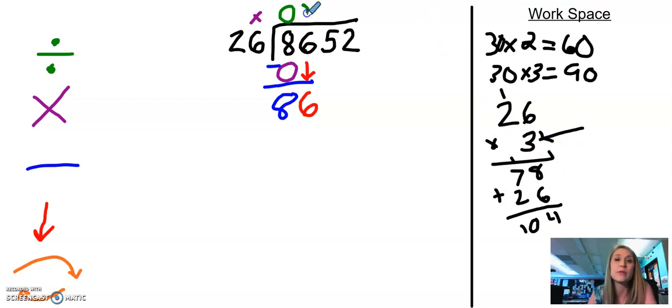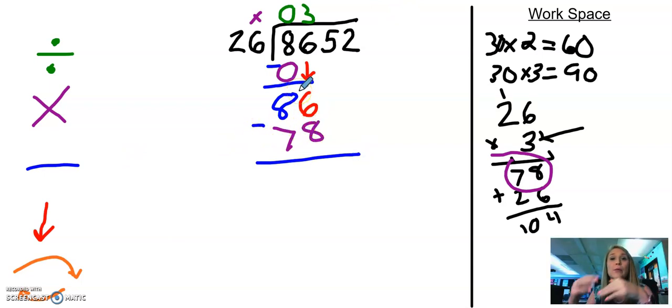So I'm going to put a 3 up above the 6, and then I'm going to multiply 3 times 26 is 78. Now I move on to subtraction. 6 minus 8 I can't do, so I say stop, regroup. I regroup the 8, and the 8 becomes a 7, and the 6 becomes a 16.